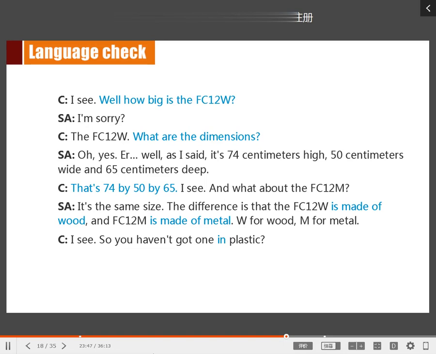the customer wanted, the sales assistant said, Oh yes, well, as I said, it's 74 centimeters high, 50 centimeters wide, and 65 centimeters deep.